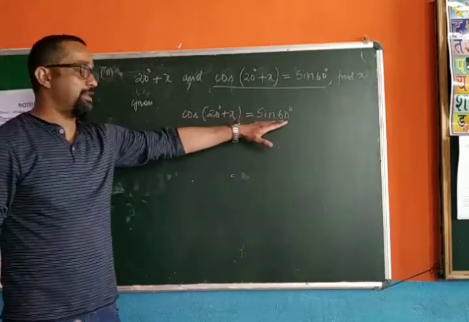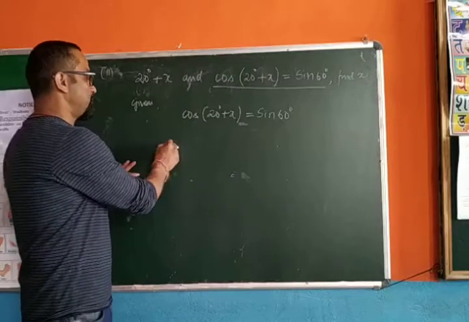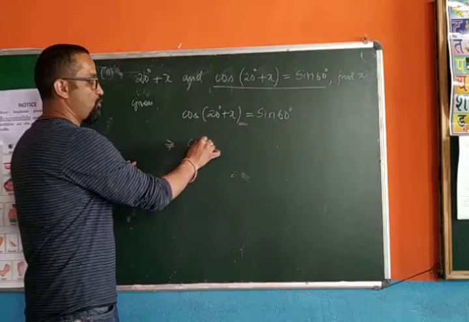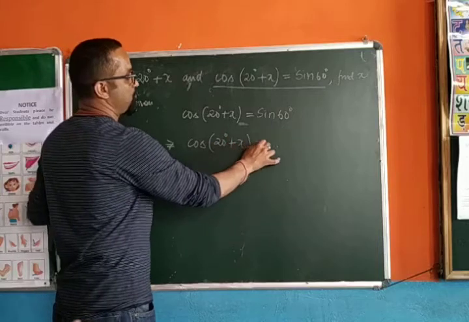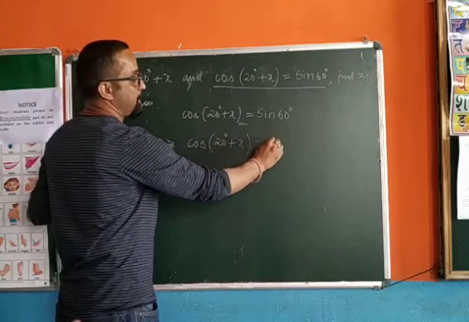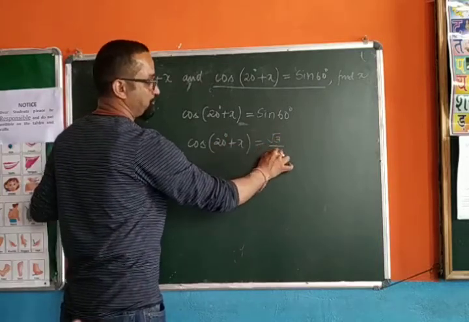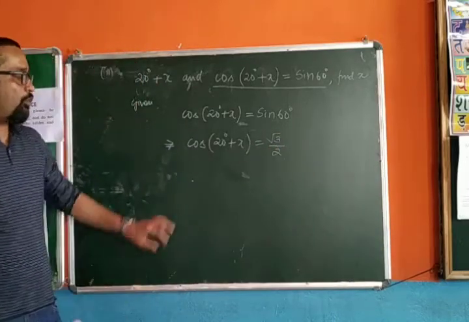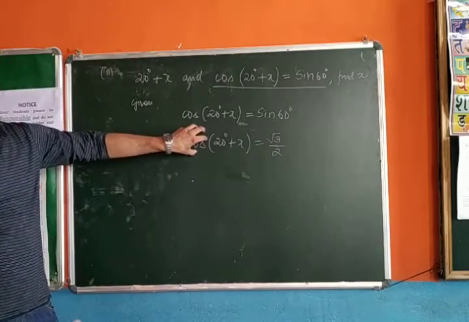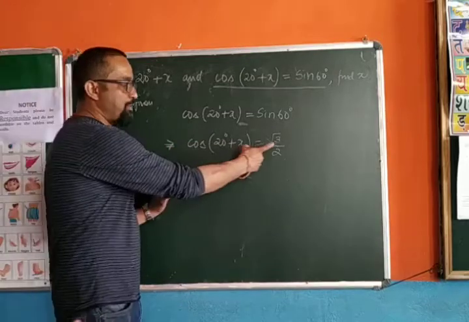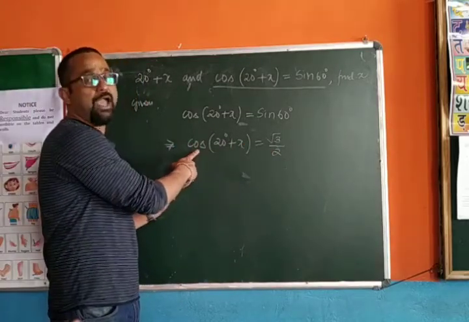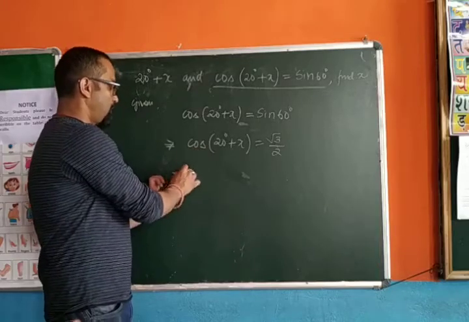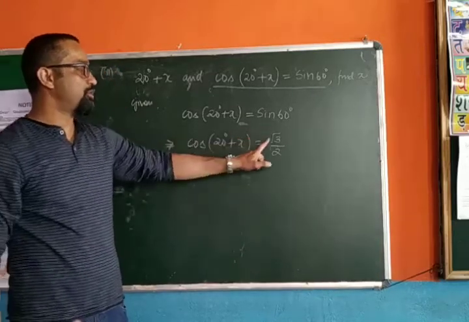You have standard angle, so substitute its value. Cos 20 degree plus x equal to, we know sine 60 is root 3 by 2. On left hand side you have cos. So replace this root 3 by 2 using cos angle. Which cos will give you root 3 by 2?